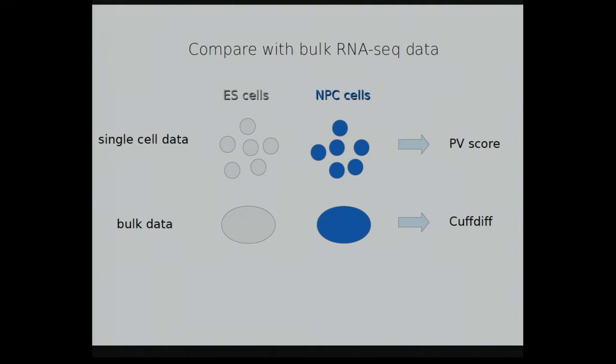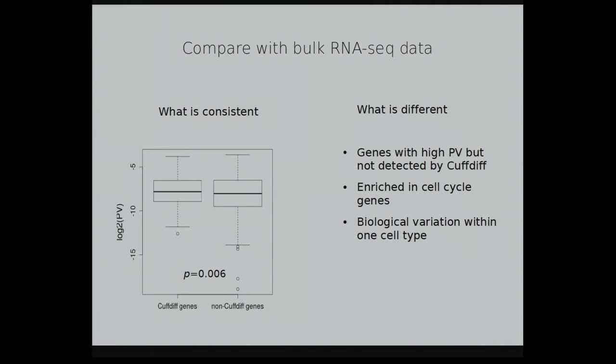What we find but not found by CuffDiff should be the difference within one population. What we actually see is that the genes which we found to have high PV but not detected by CuffDiff are enriched in cell cycle genes. This makes sense because inside one population there's the cell cycle going on, which is part of the biological variation within one cell type.